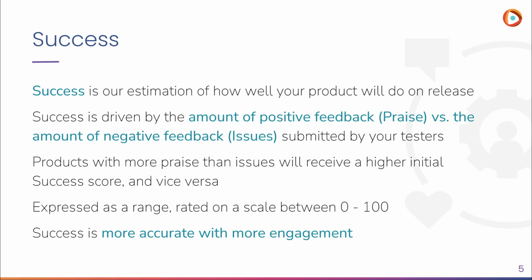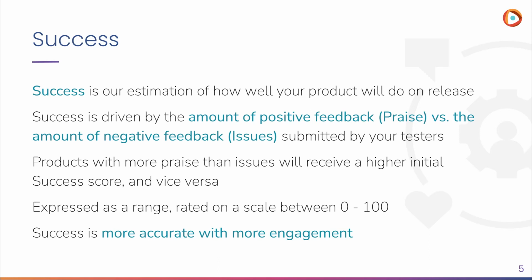Now, our next metric is success. And success is our estimation of how well your product will do on release. And this is based on the amount of positive feedback or praise versus the amount of negative feedback or issues submitted by your testers. So as testers are going through, they're completing activities, they're experiencing the product, they're testing things out. We do have these 3 unique feedback types in the system.